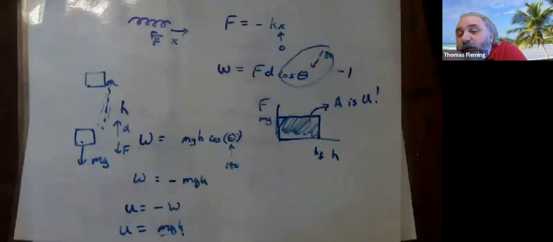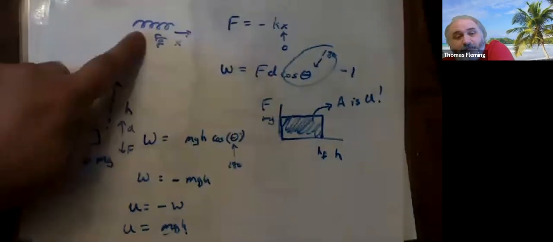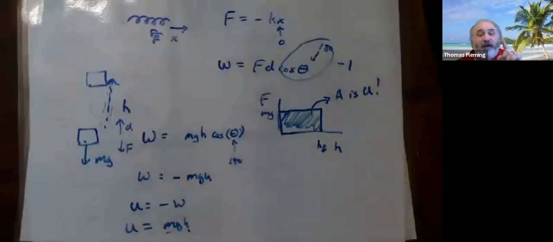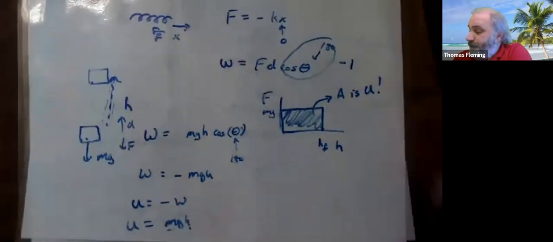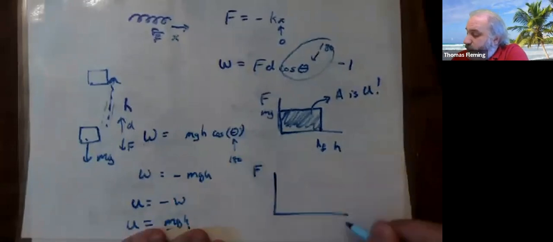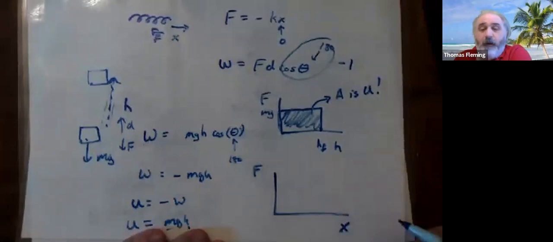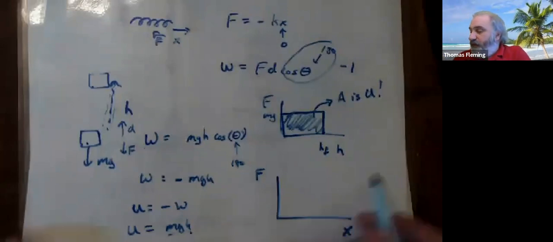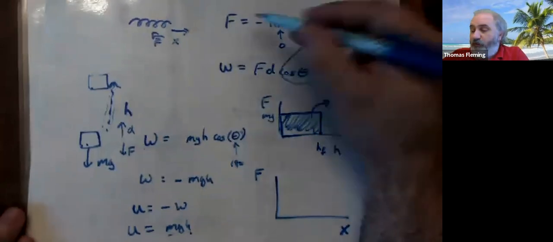So if I'm trying to figure out a potential energy formula for this spring, I want to do a graph for the force exerted by the spring as a function of distance, the same way I did it here. So what would that graph look like? Well, if I don't stretch it at all, if x is 0, then the force will also be 0.